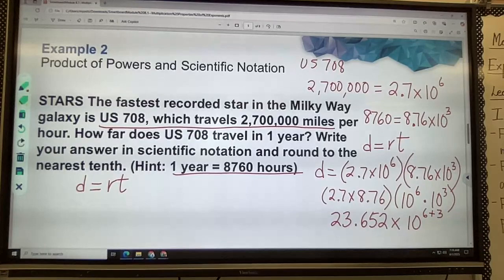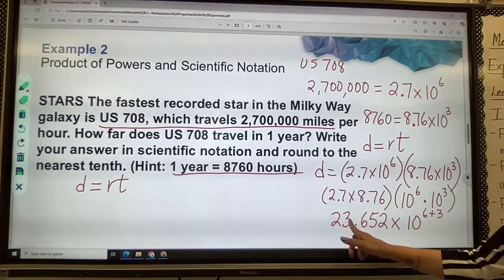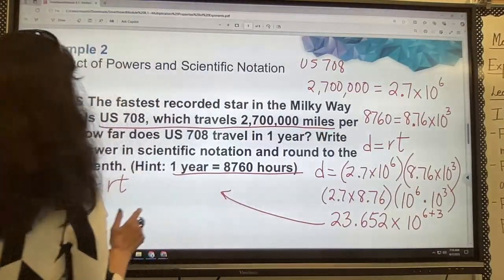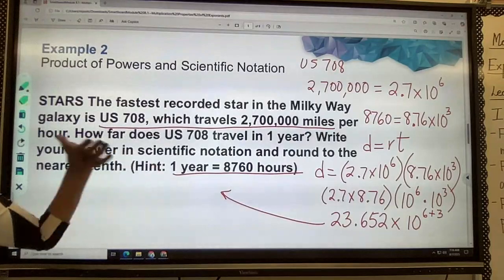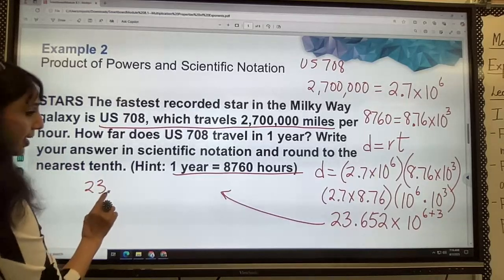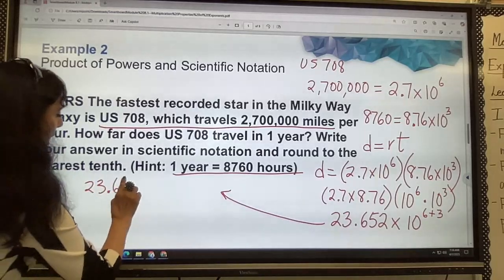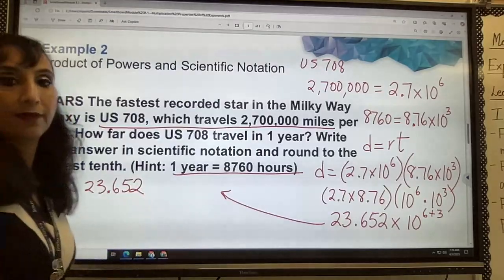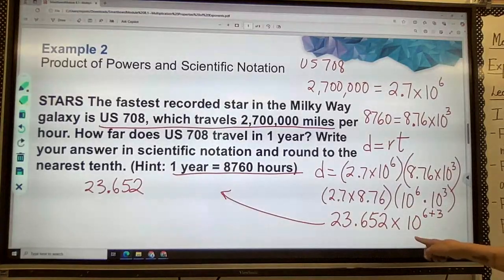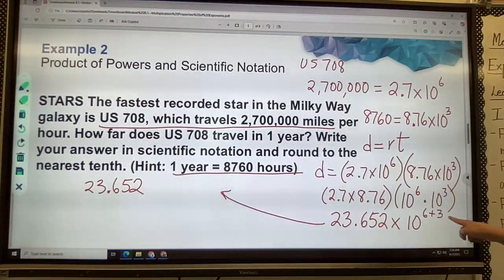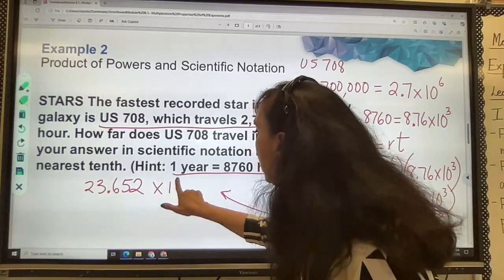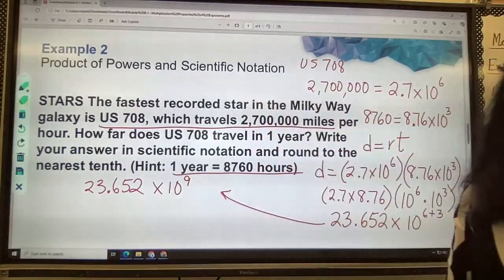So I get 23.652, and then I have 10 raised to the sum of 6 plus 3. So this gives me times 10 to the 9th power.